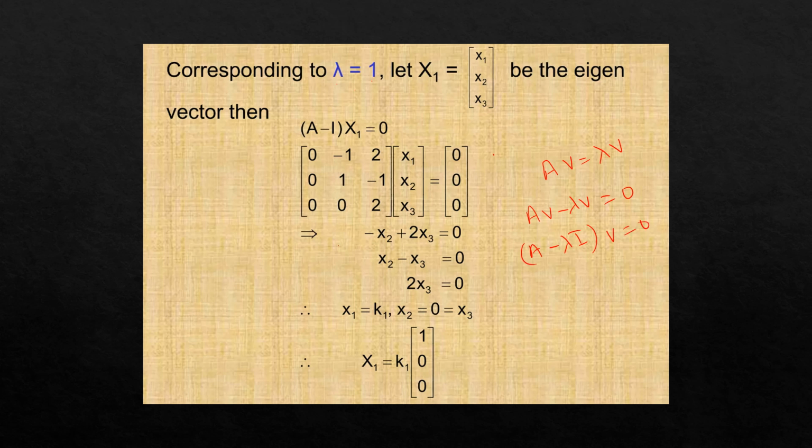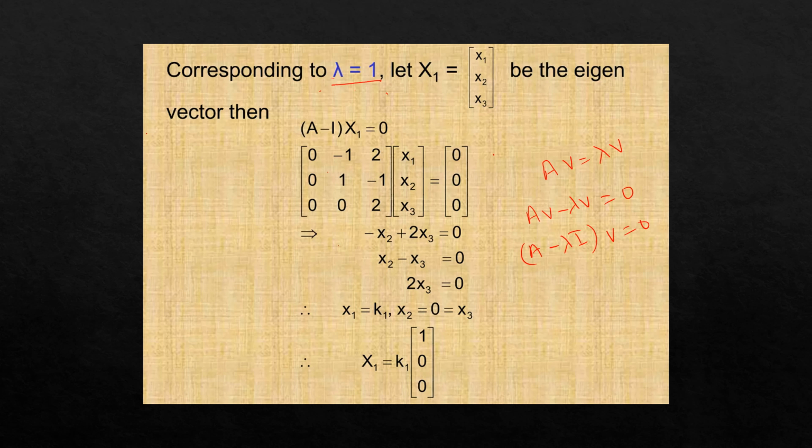So we are doing it like this. Lambda here is 1, so this is directly a subtraction of the identity matrix. It's simply A minus the identity matrix. So if I do A minus identity matrix, I'll get these values.